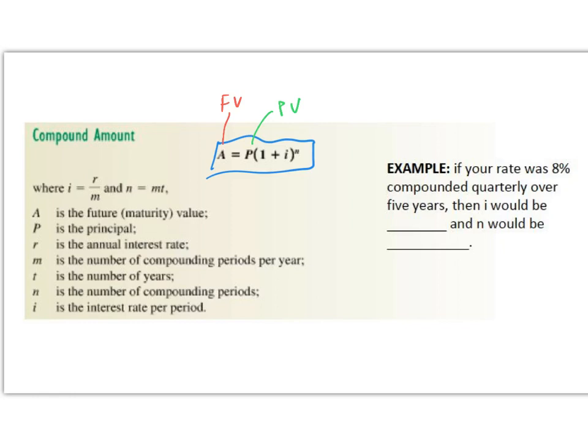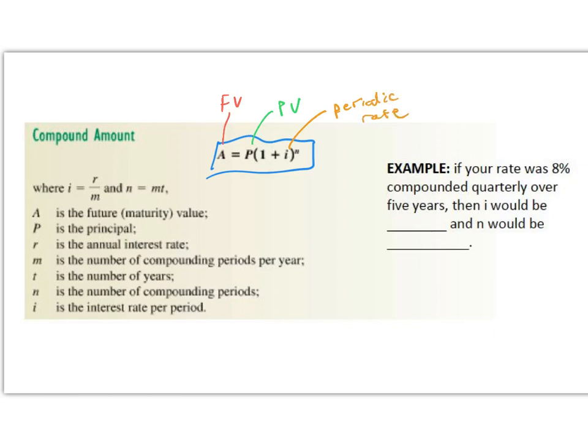And again, that's the amount of money that we start with in our situation. Now, there's a couple of things that we need to watch out for here that are really important. And that is this I, which is not just an interest rate, but what's called a periodic interest rate. So when we start talking about this idea of a periodic interest rate, what we need to do is look at this and say, okay, this is a periodic rate.